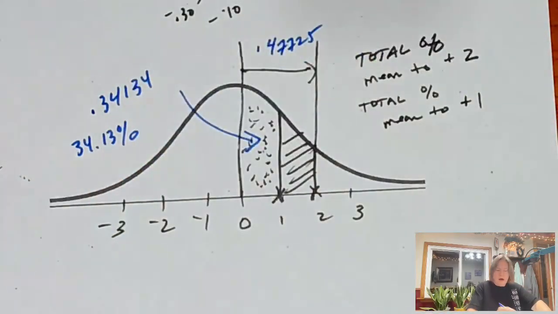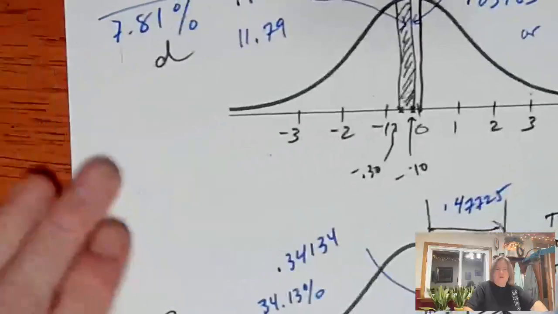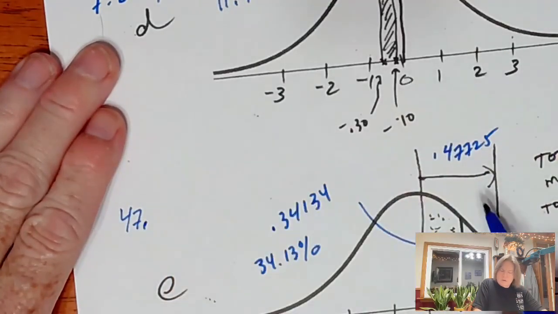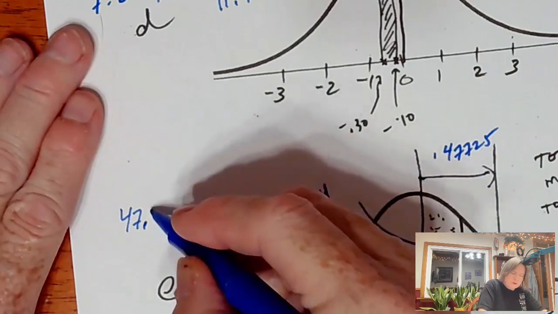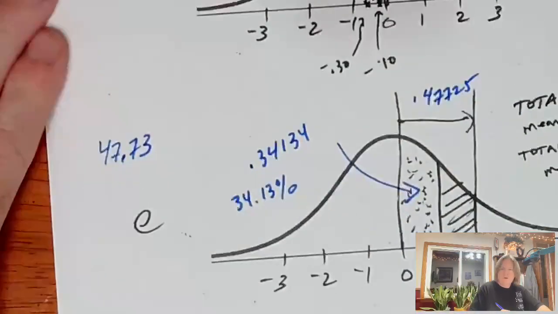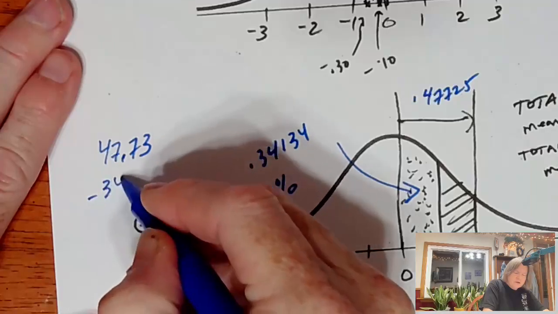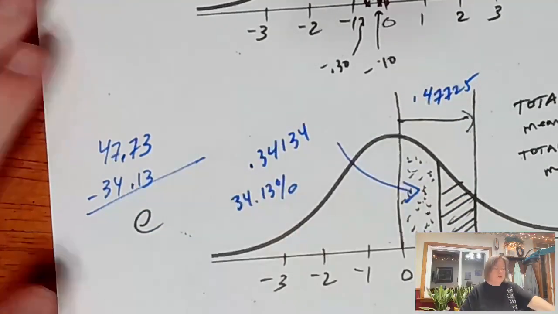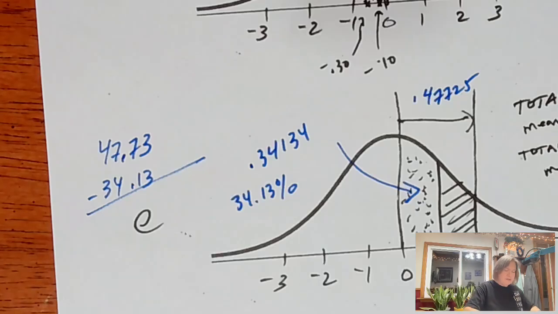So 34.13%. Our total amounts to 47.73, so do what we did before: 47.73 minus 34.13. This should be very close to 14, because that's what we said earlier, 34.14.